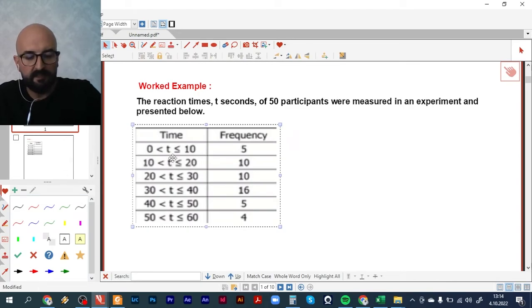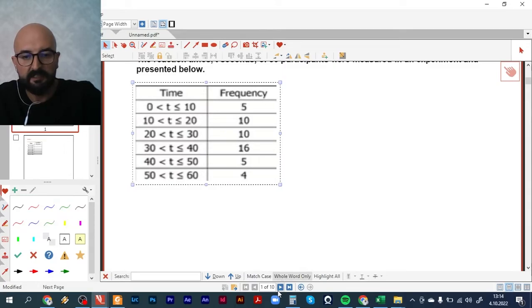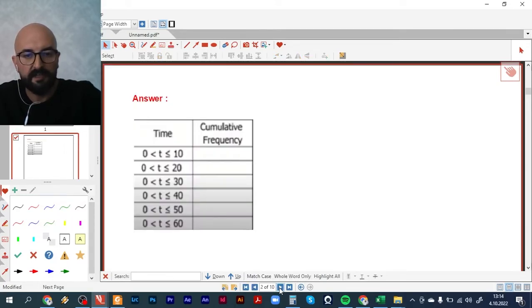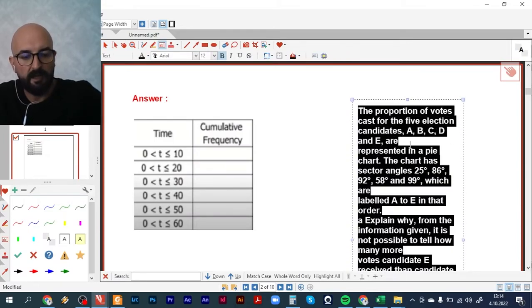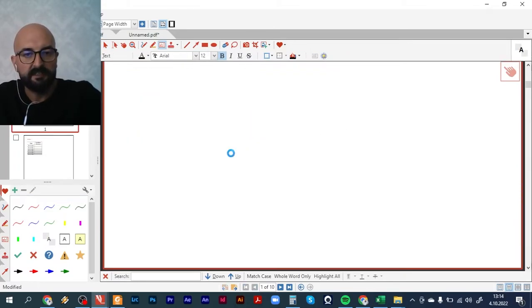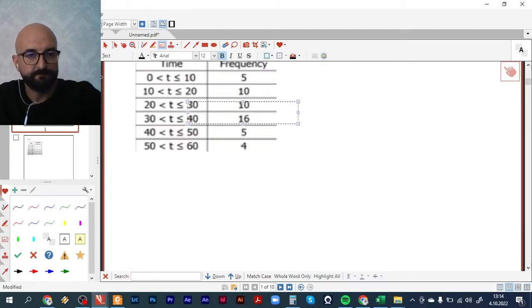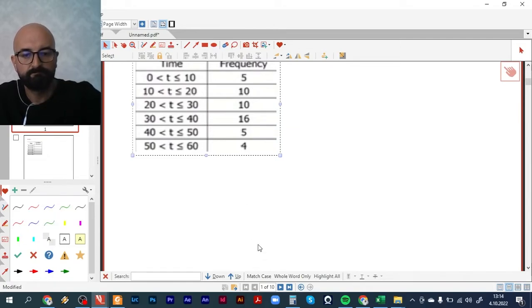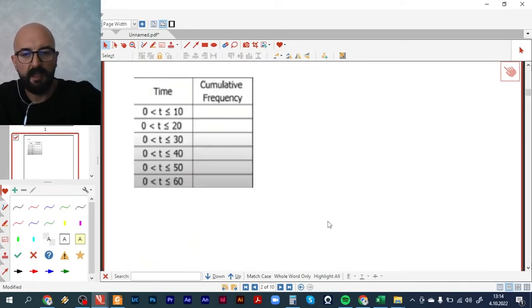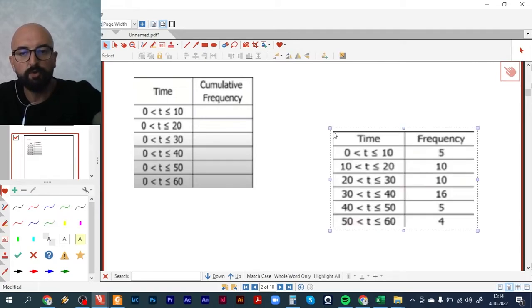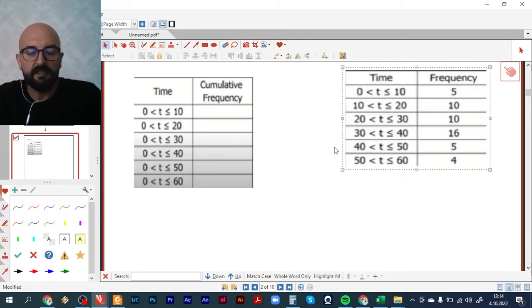I will copy and paste this table onto the next paper and use this table, given in the question.